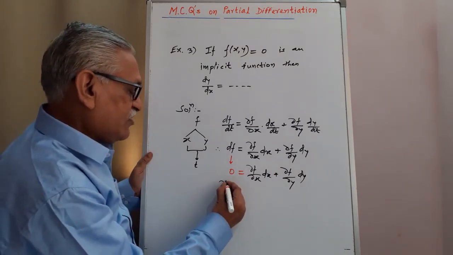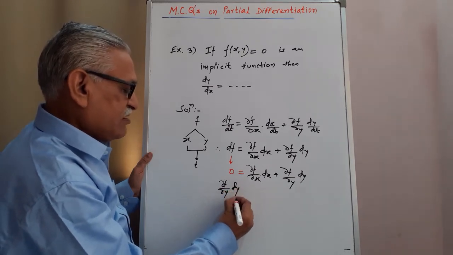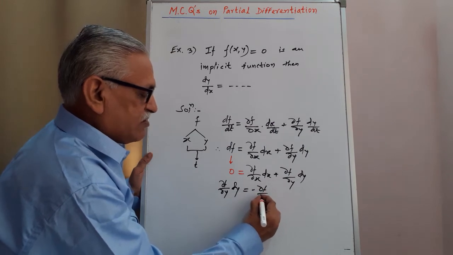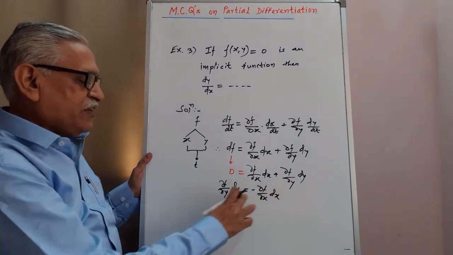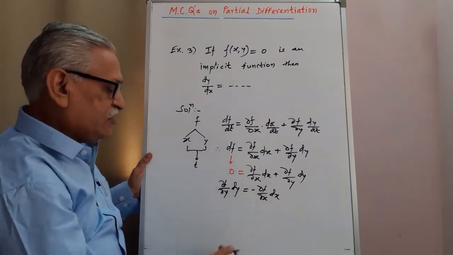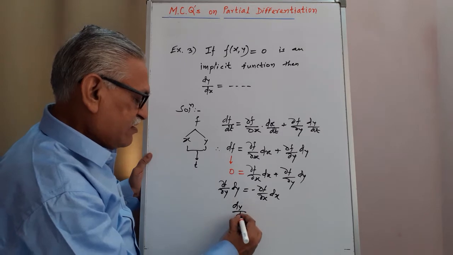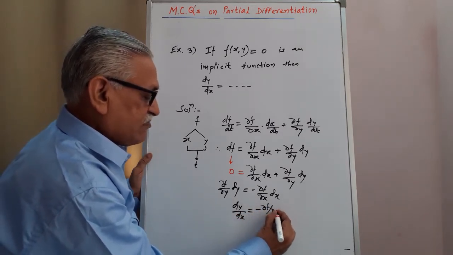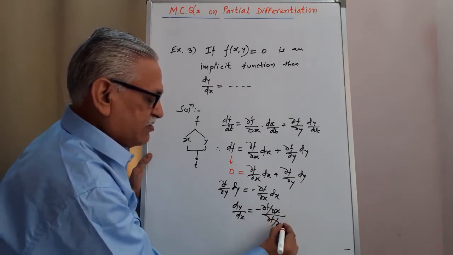dou f by dou y into dy is equal to minus dou f by dou x into dx. Transferring this to the left and this to the right, we get therefore dy by dx as minus dou f by dou x divided by dou f by dou y.